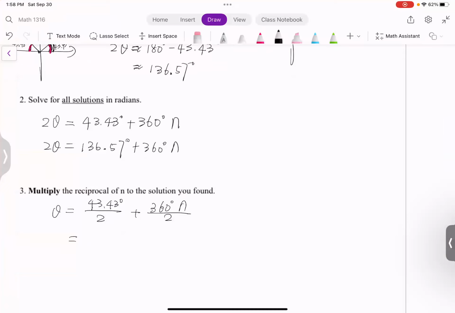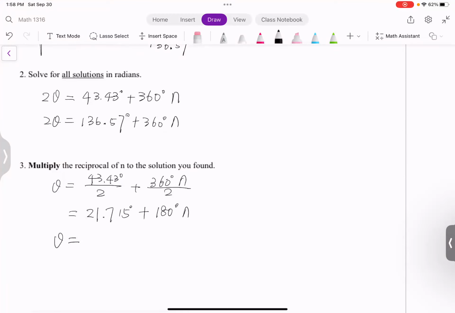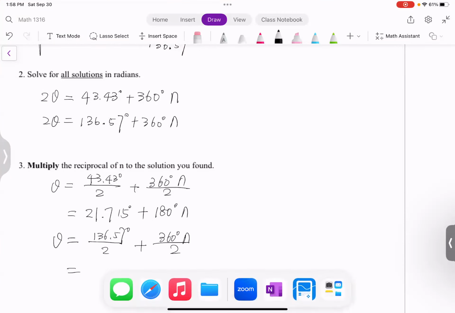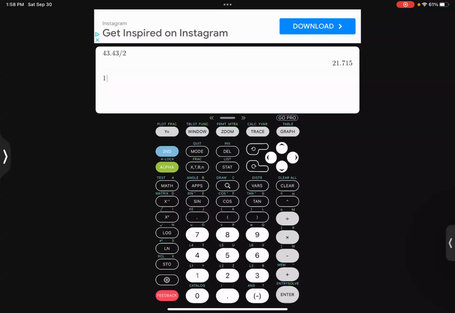It's about 21.715 degrees plus 180 degrees n. And the general solution for the other angle theta is 136.57 degrees over 2 plus 360 degrees n over 2. Let's use our calculator to do the approximation.